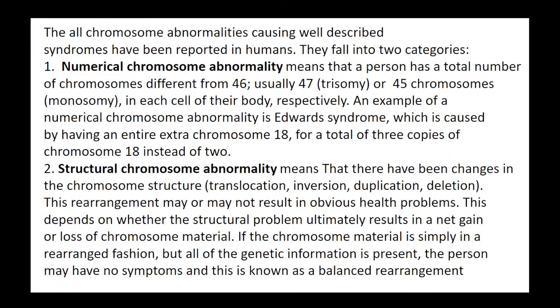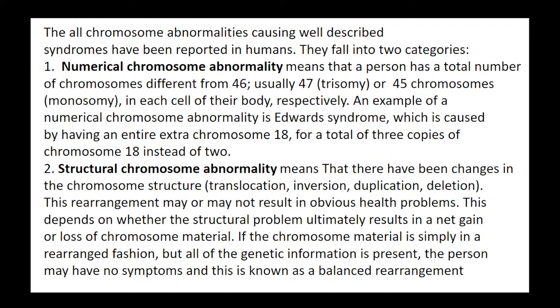All chromosome abnormalities we can divide into groups. These are numerical chromosomal abnormalities. The reason of these abnormalities is changes in number of chromosomes. So the reason of these abnormalities is aneuploidy or polyploidy. Mostly in people we can find trisomy. This is 47 chromosomes.